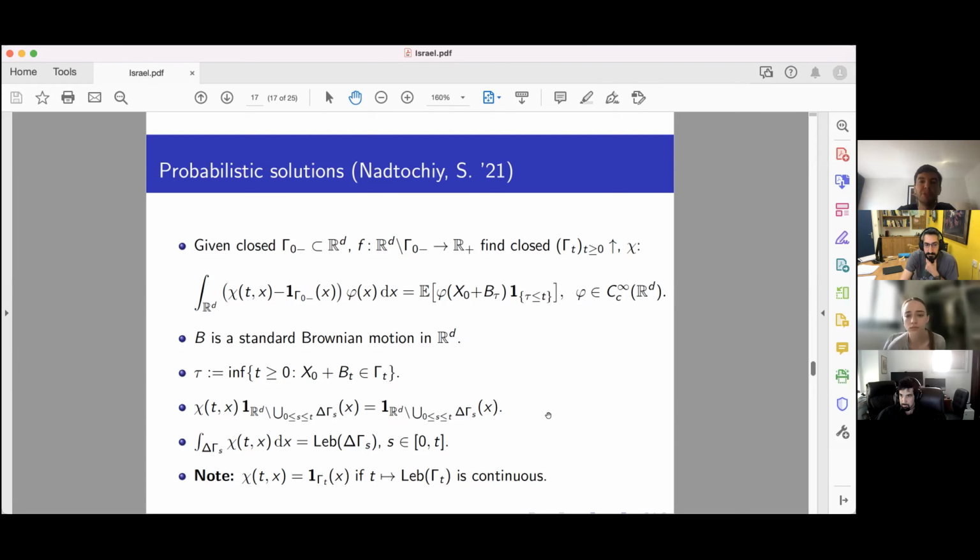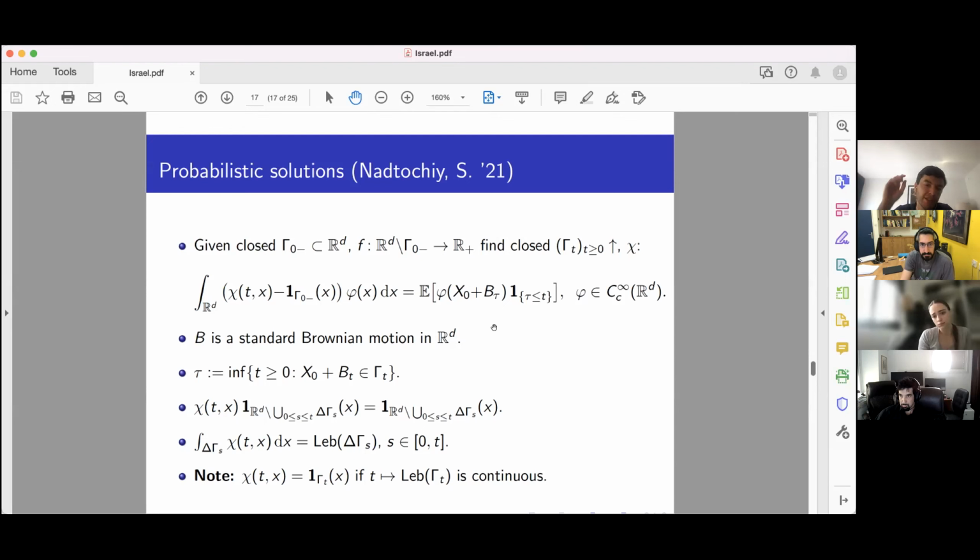The problem would be to find a set, so a process of growing sets, gamma t, such that the volume growth between time 0 and time t is equal to the probability that a Brownian motion started according to the initial condition f hits this growing set gamma by time t.